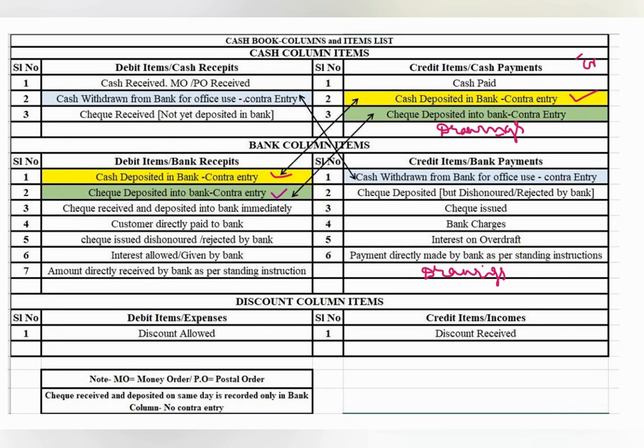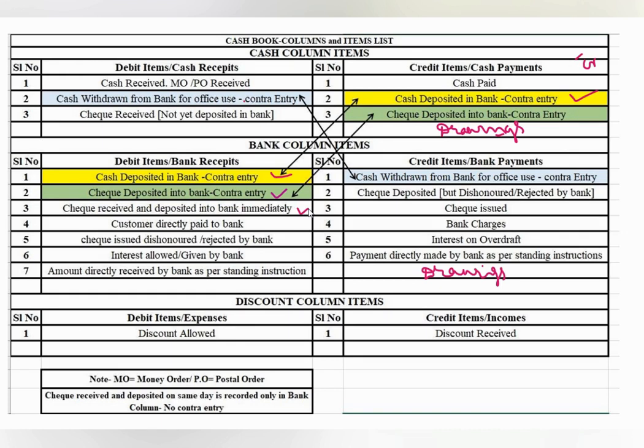So now, here: cheque received and deposited into bank immediately. Cheque received and deposited into bank directly, like somebody has given us the money, or a cheque that we are directly going and depositing in the bank, that we directly debit in the bank column.